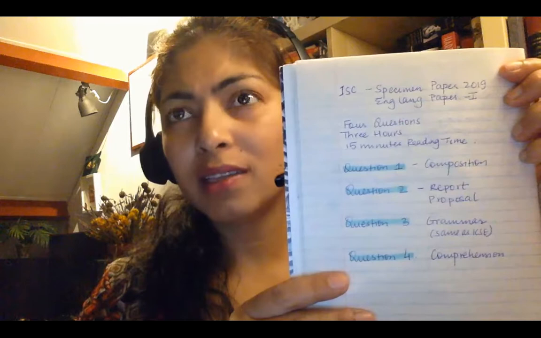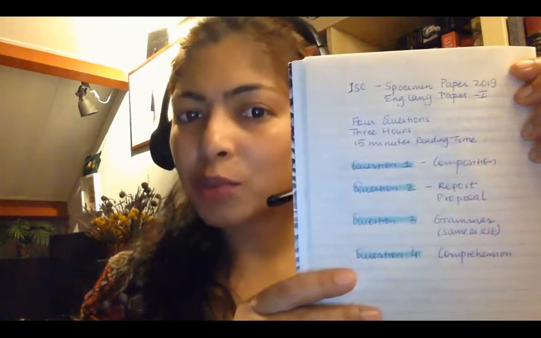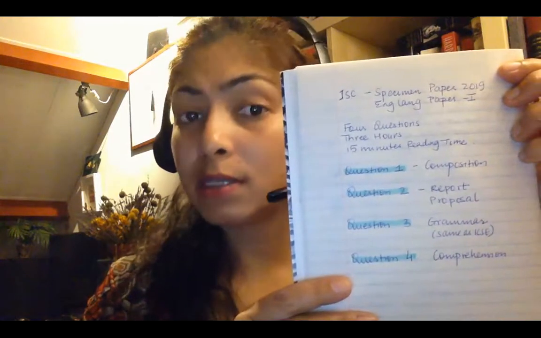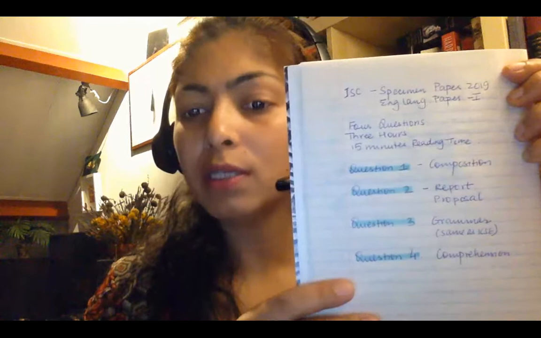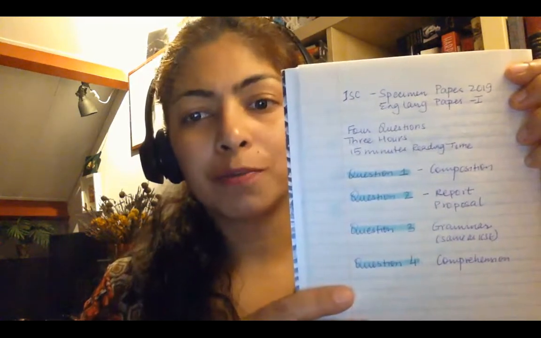The only thing is that I think it's a bit more advanced, with advanced prepositions and active and passive and direct and indirect, but there will be a separate video for this. And question number 4 is comprehension. So we are going to focus on question number 1.